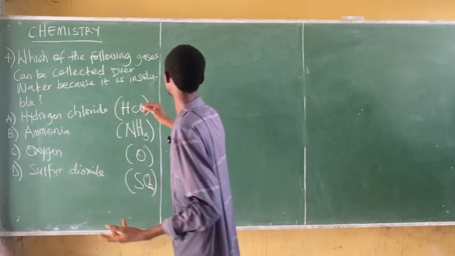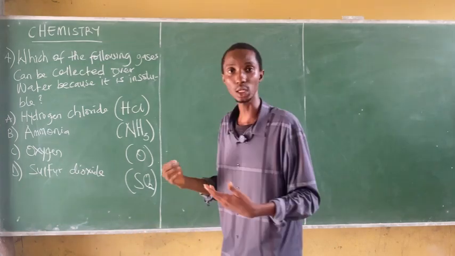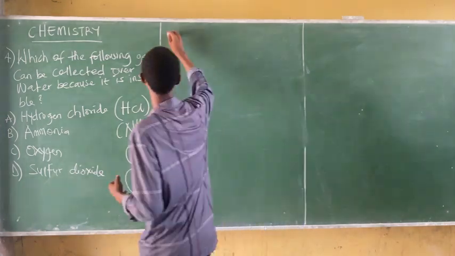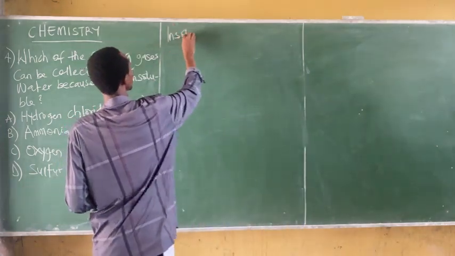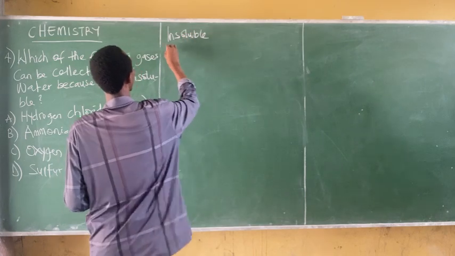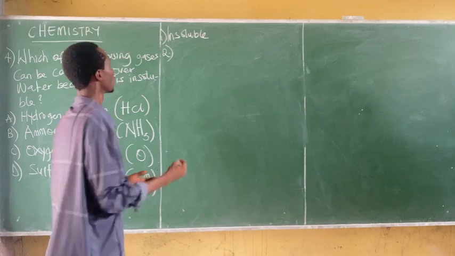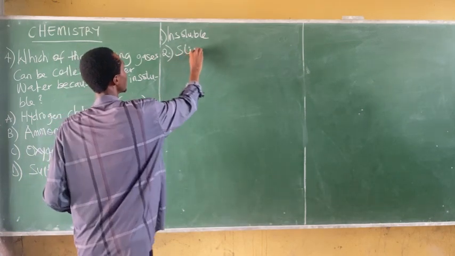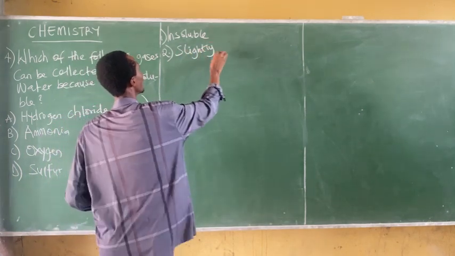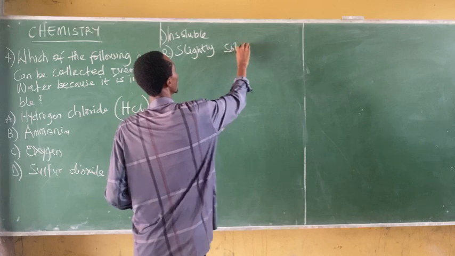Don't forget, we said initially that for a gas to be collected over water, it must be insoluble. This is point 1. Point 2, it must be slightly soluble.